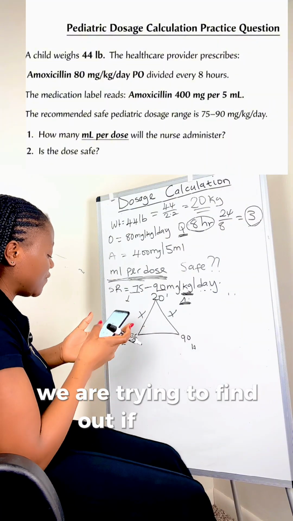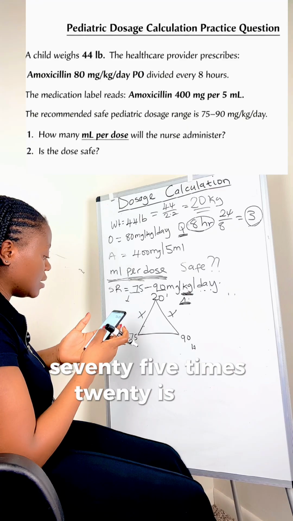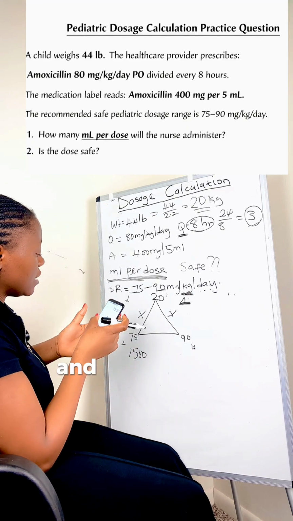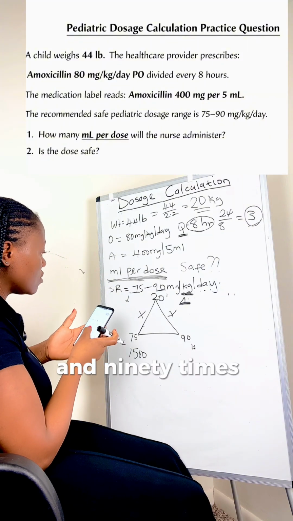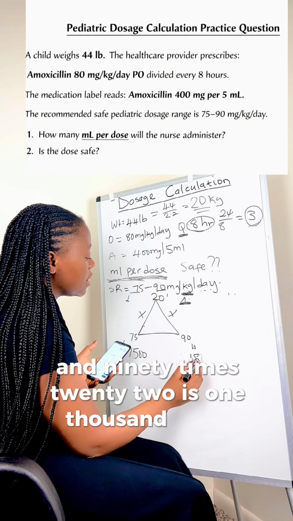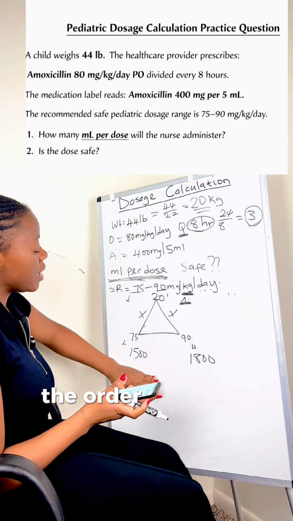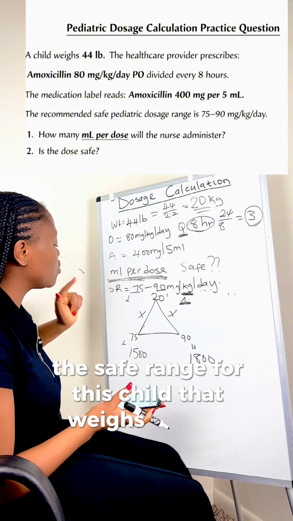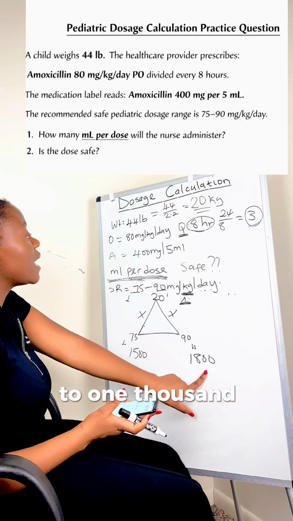We're trying to find out if it's safe. 75 times 20 is 1,500, and 90 times 20 is 1,800. So the safe range for this child that weighs 20 kilograms is 1,500 to 1,800.